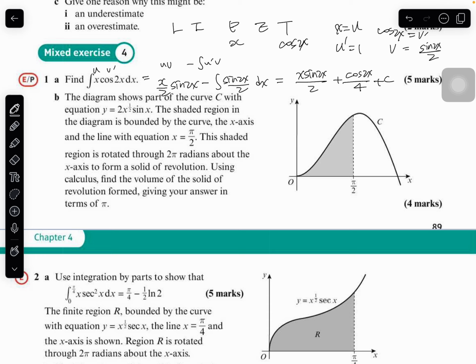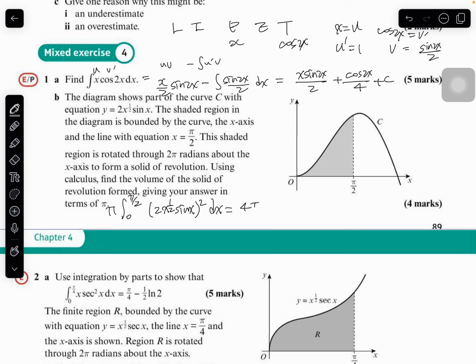So here revolution 2 pi radian around the x-axis. So 1 full revolution. So volume of the solid from 0 to pi over 2 is pi y squared dx.